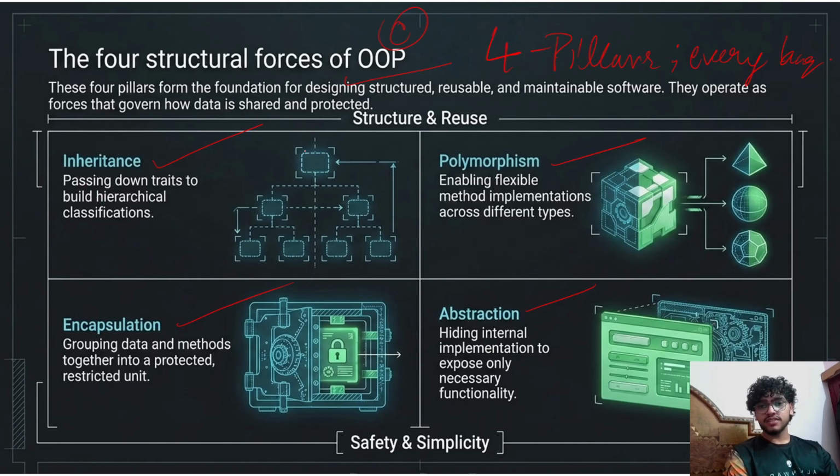So inheritance basically means here that this class is inheriting the properties of this class, this class is inheriting the properties of this class, same with this, same with this.